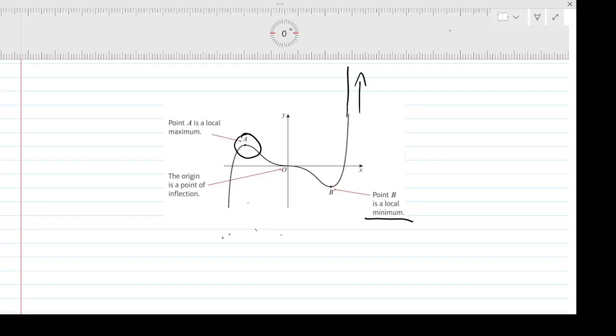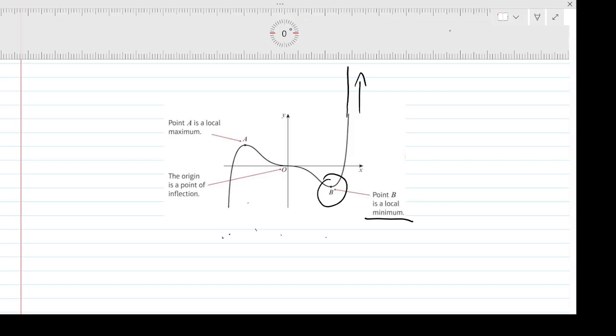It would actually be infinity. But in the vicinity of that area, it is a local maximum. Same story with point B. It's technically a local minimum, because it's the minimum point in the area, not the entire minimum value.